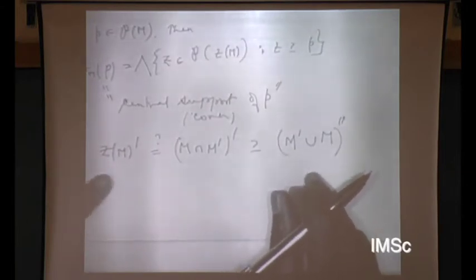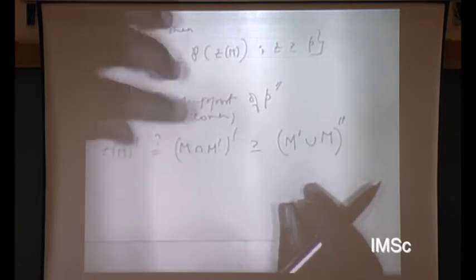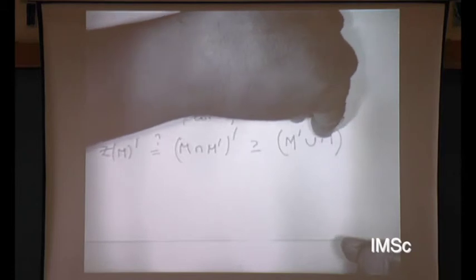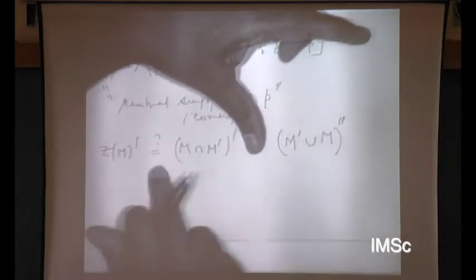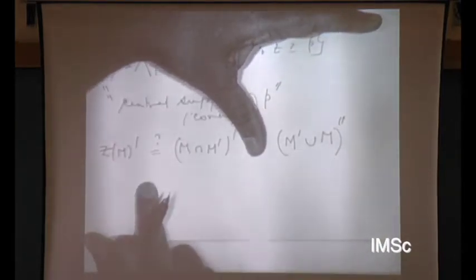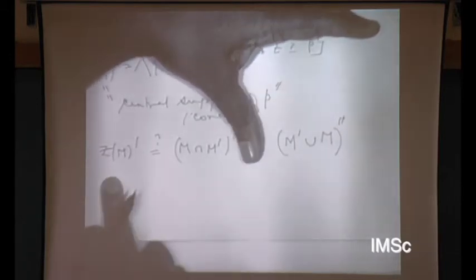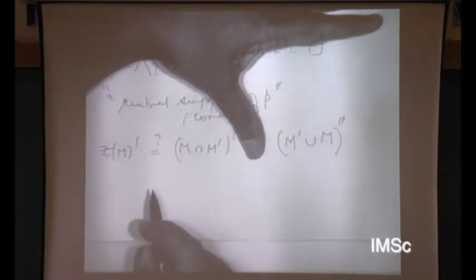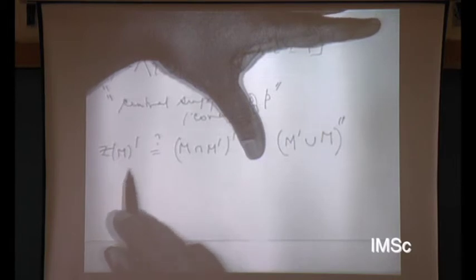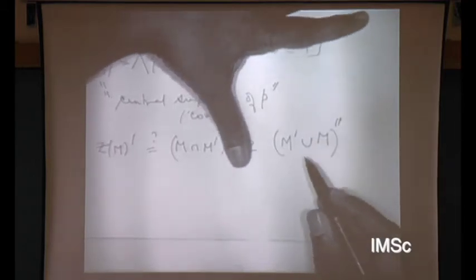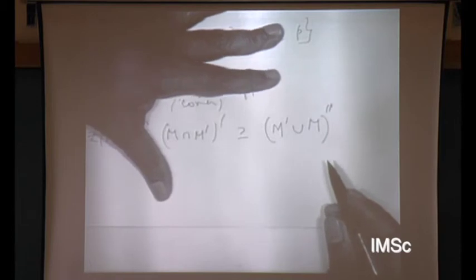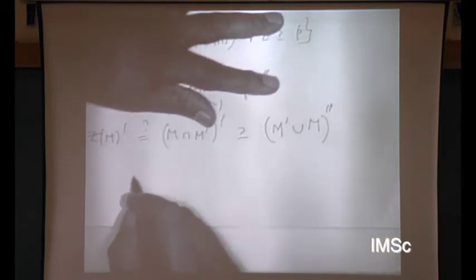Now I am saying that Z_M prime is exactly the von Neumann algebra generated by M prime union M. This inclusion I have already proved. Conversely, for any two sets A and B, what is the commutant of A union B?